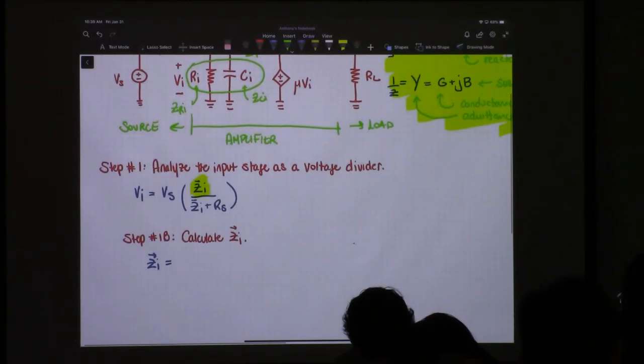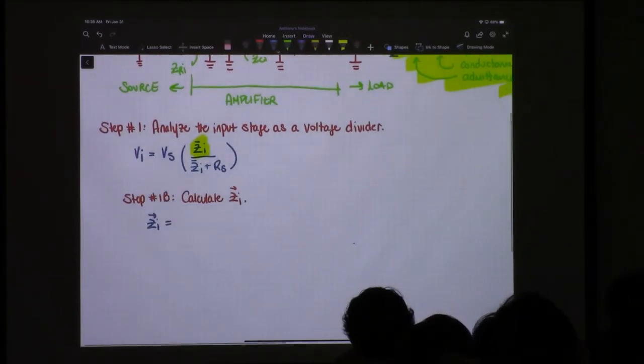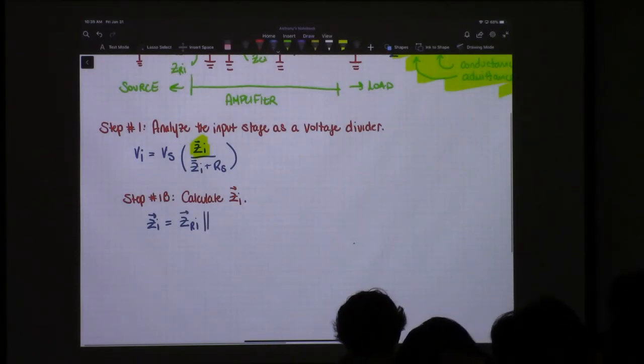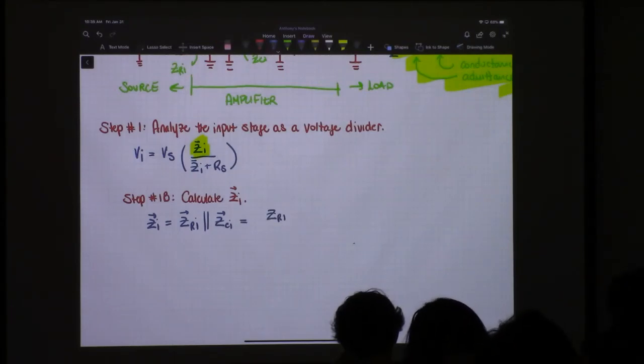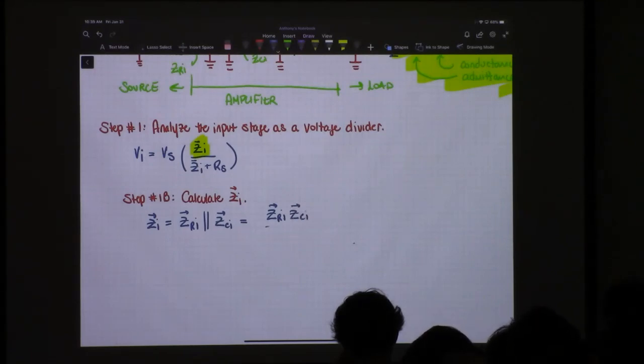So Zi is equal to the parallel connection of Zri and Zci. We know how to calculate a parallel connection of two resistors. It's the same thing for two impedances. It'll be equal to Zri times Zci over Zri plus Zci. Okay.